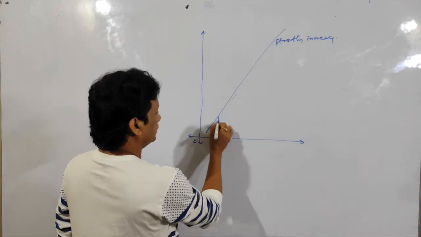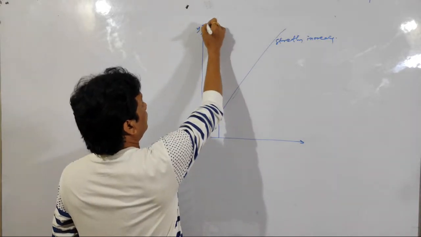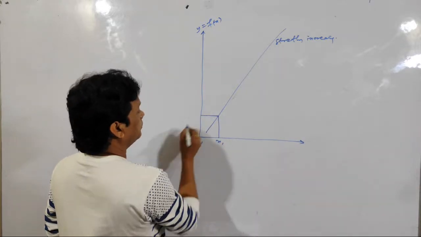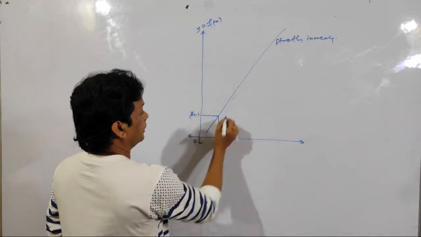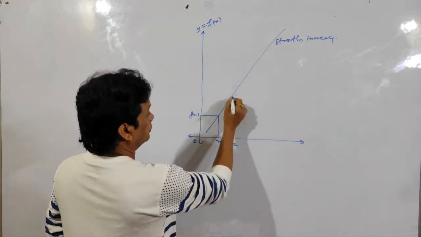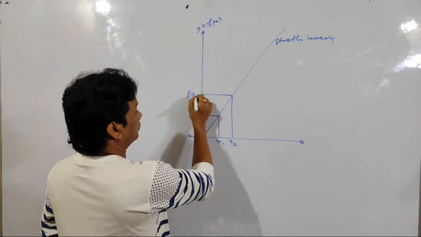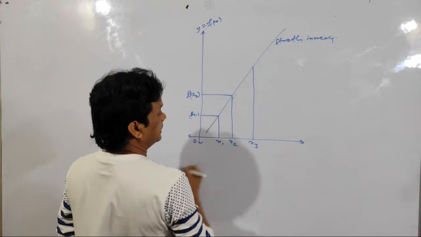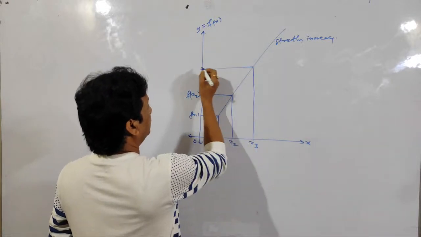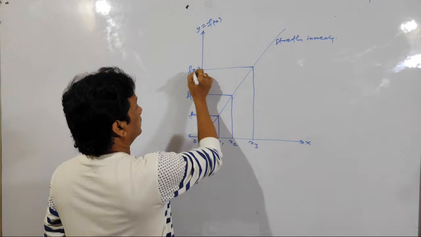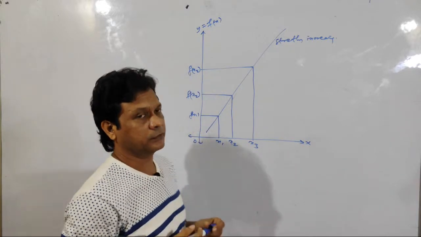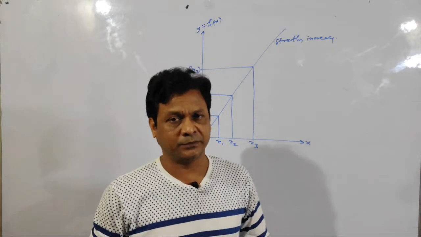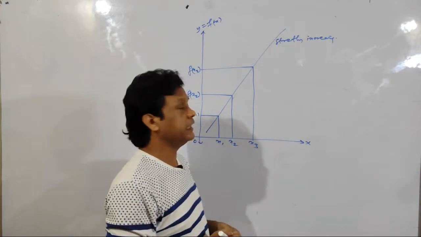See here, it is y equal to f of x. For a particular value of x, you are getting a particular value of y, that is f of x1. Here x2, you are getting f of x2. For a particular value of x, that means x3, you are getting a particular value of y, that is f of x3. That means it is one-one function, and every one-one function is a strictly increasing function, or it is also a strictly decreasing function.